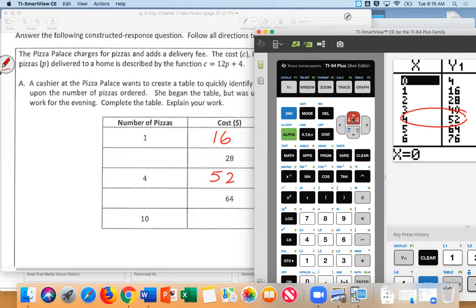What else should I pick on? Andrew, can you give me another point? Andrew?